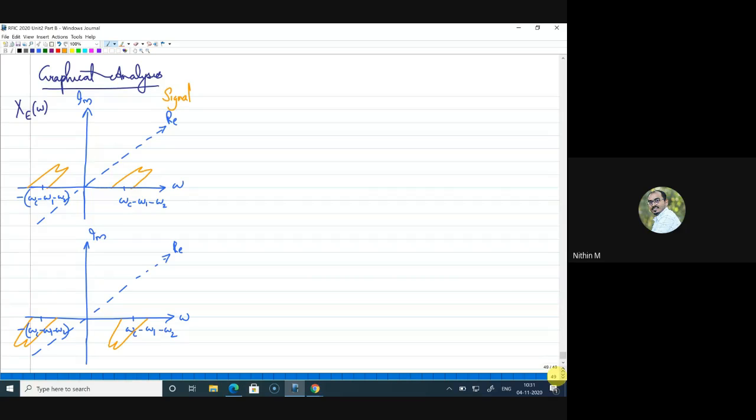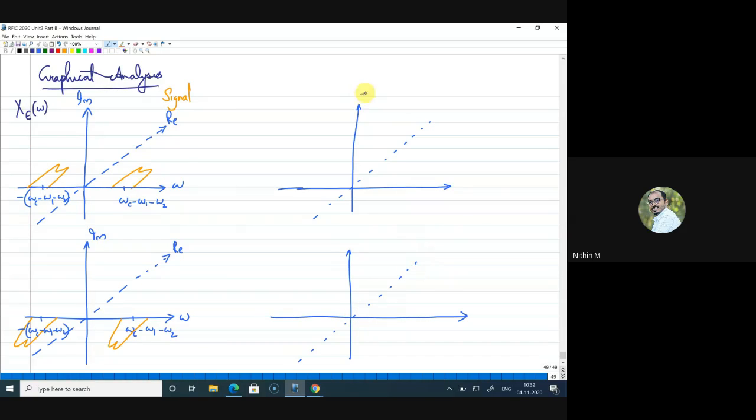Similarly, if I draw for the image here, this is the imaginary axis, this is real, and omega.